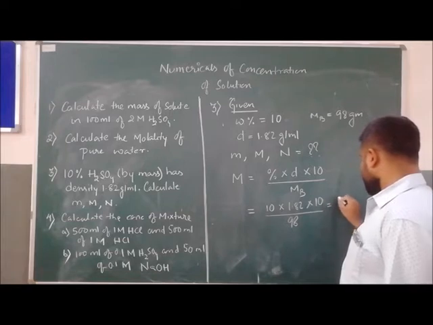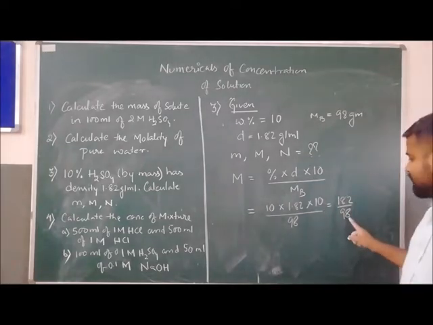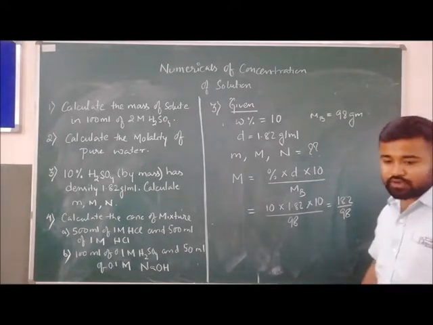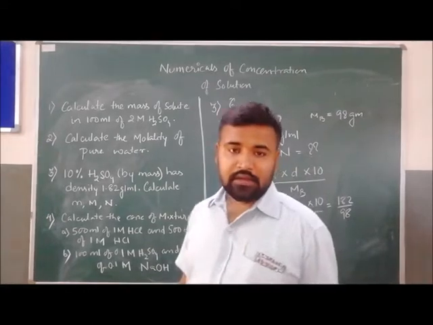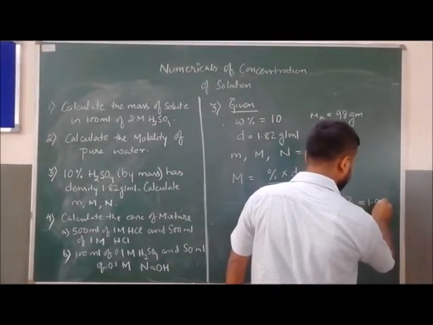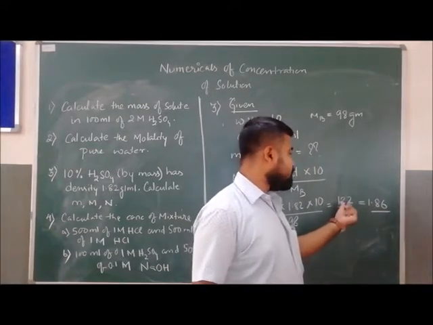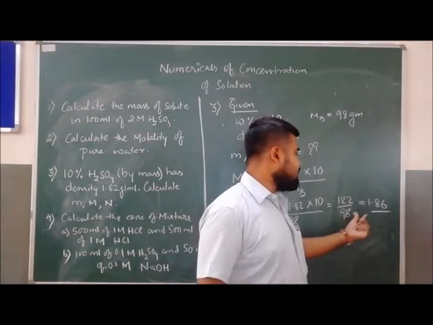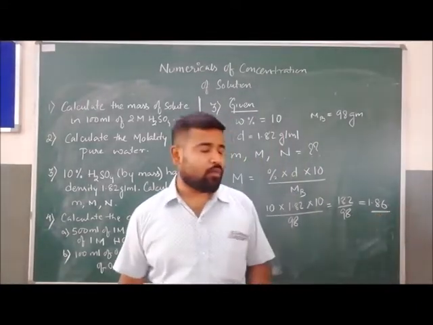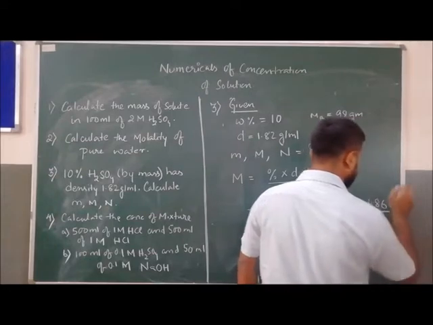The value will be 182 by 98. So what will be the answer? The answer will come approximately 1.86, because if it is 100 then it will be 1.82. So it is 98, so approximately the answer will come 1.86.